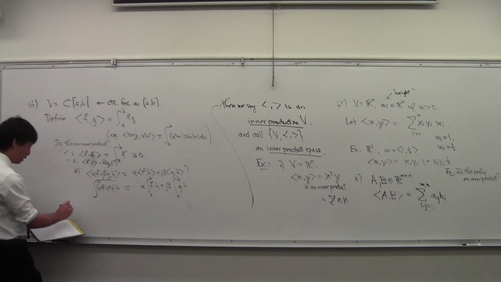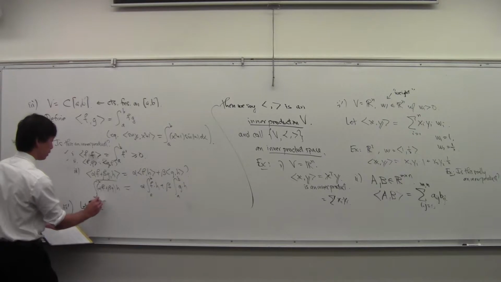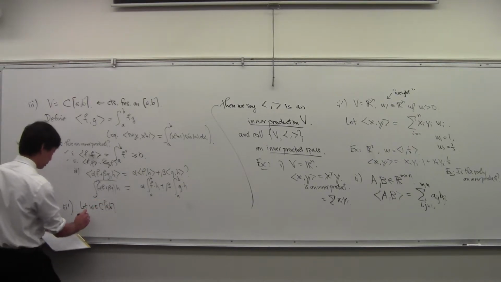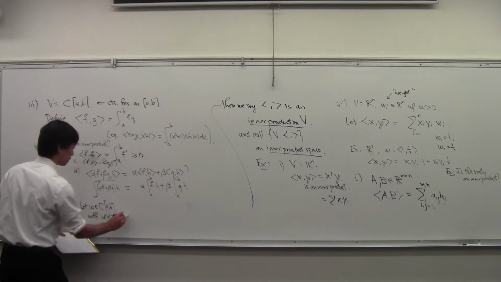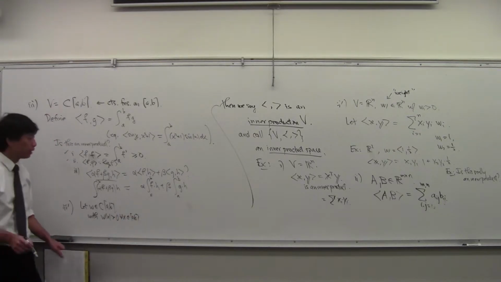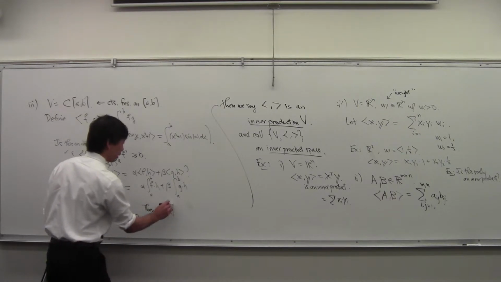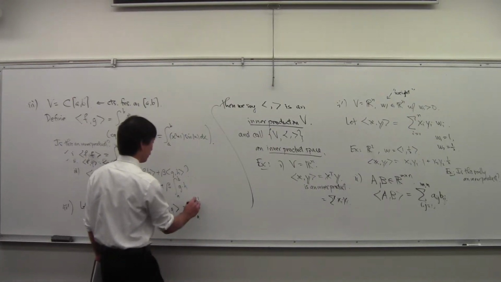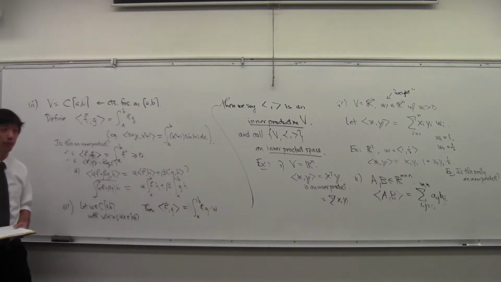Version 3 prime. Let w be in C[a,b] with w of x greater than 0 for all x. Then you can make a weighted inner product in the same way. You take the integral of f times g times w over the interval [a,b].